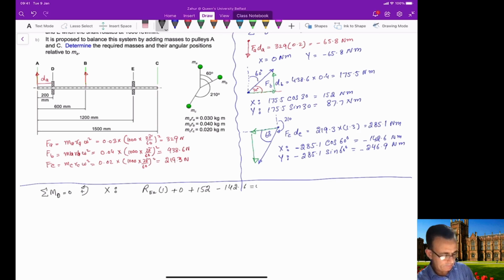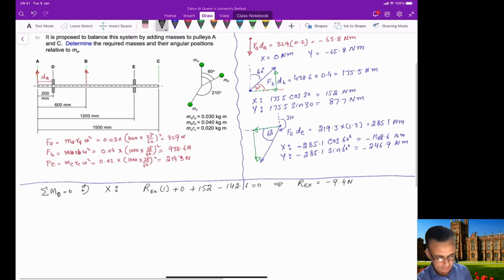If you put this equal to 0, from this equation you can calculate R E x. This means the reaction at E, only the x component, which is minus 9.4 Newton.